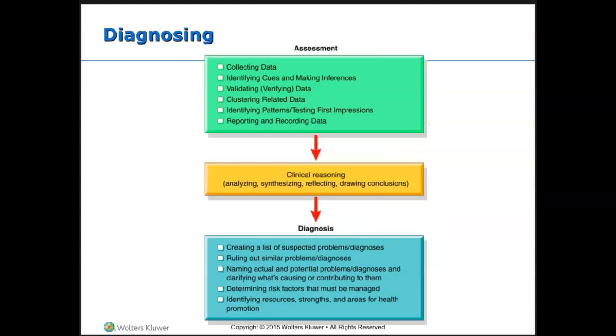After assessment comes diagnosing. Now, we do not do medical diagnoses for the patient, but instead we look at the whole patient and their response to the medical conditions that they've been diagnosed with, as well as their comorbidities, and how do they affect every aspect of that patient's life, right? What does it put them at risk for? Are they weaker because they had a cerebral vascular accident?